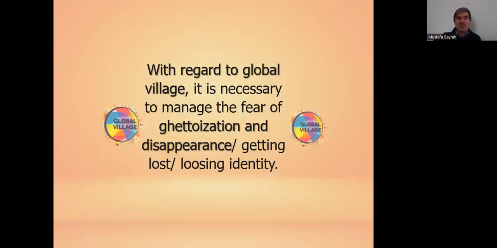Now, with regard to global village, or when it comes to global village, or as for global village, it is necessary to manage the fear of ghettoization and disappearance, getting lost, losing identity. But if you are able to manage that fear, of course, there is no problem.